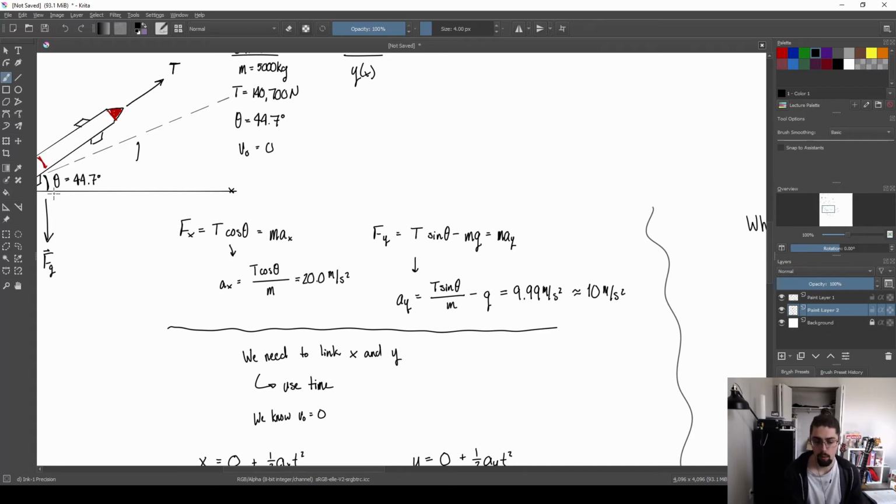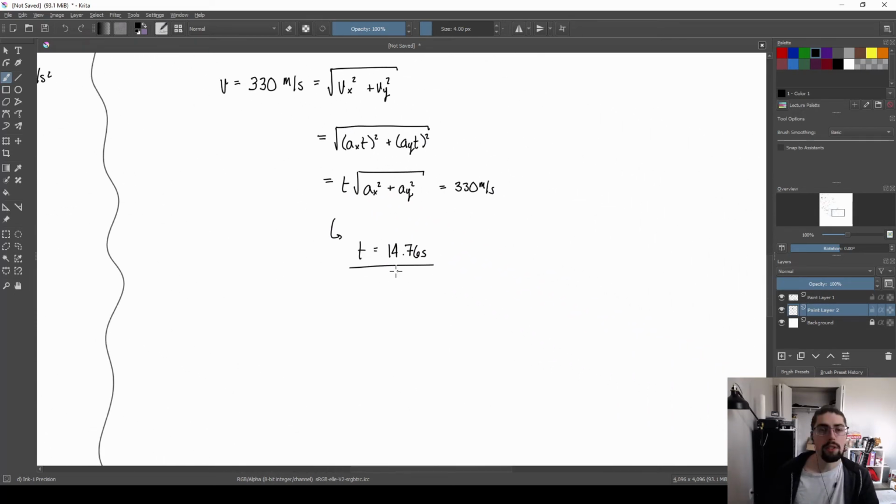We could do it that way, but we would have to find a different angle, and that angle specifically is something like 26.6. Is that right? That sounds reasonable. Yeah, so it's not the 44.7. That is just the angle of our thrust.